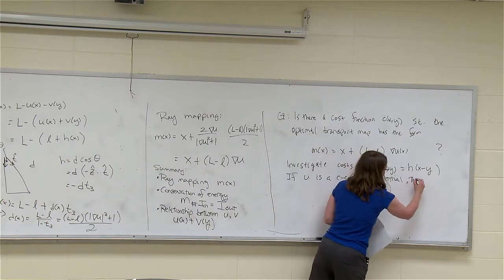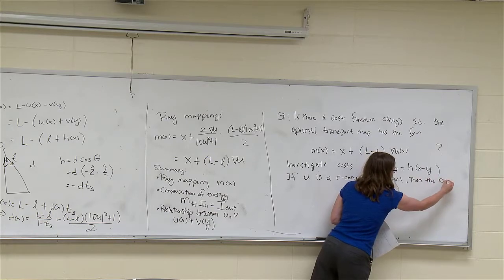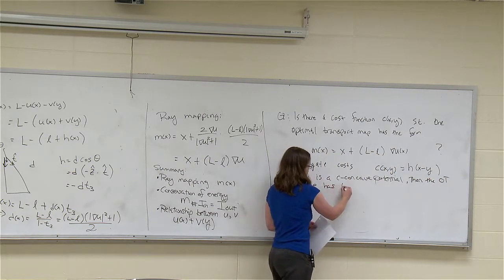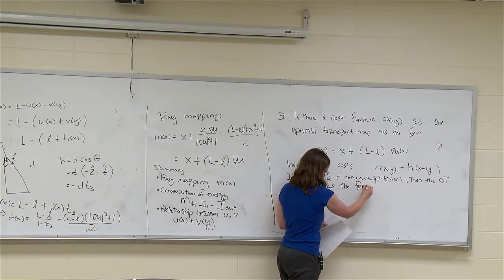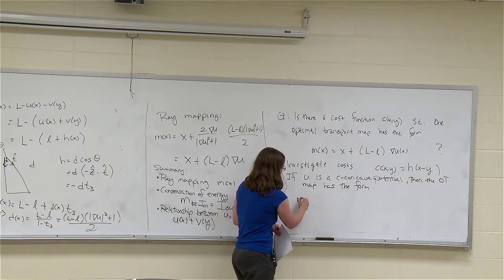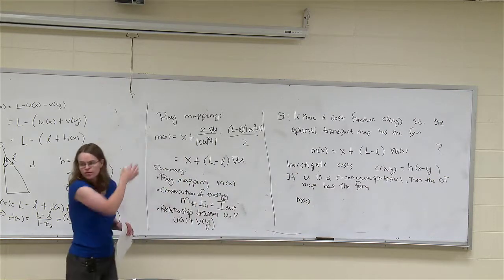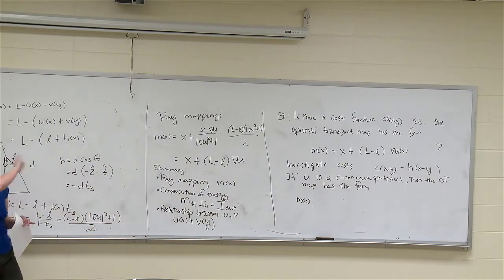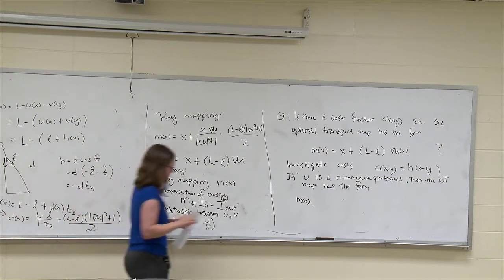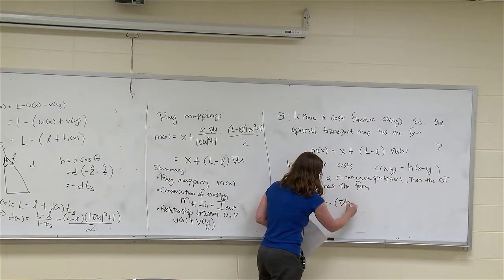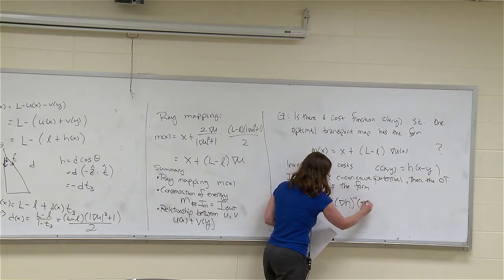Then the optimal transport map has the form, m of x. I'm using m here; we used t before, it's the same thing. So I'm going to use exactly the expression that I used for my transport map before. So this was x minus grad h inverse of grad u.